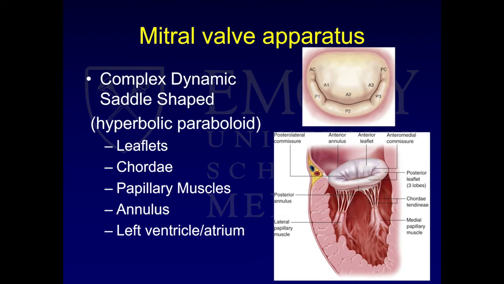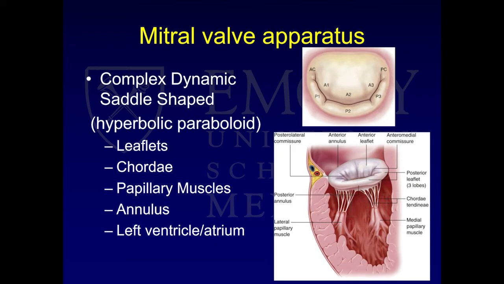A couple of anatomy lessons that you already know. Besides the fact that it's saddle-shaped, it's dynamic. The mitral valve leaflets are attached to the mitral valve annulus, which is attached to chordae, to the papillary muscles, to the left ventricle. The annulus is part of the left atrium as well, and all those pieces have to function together for the mitral valve to work.